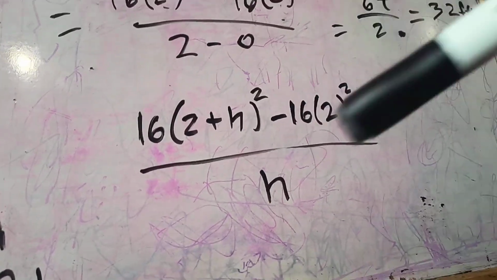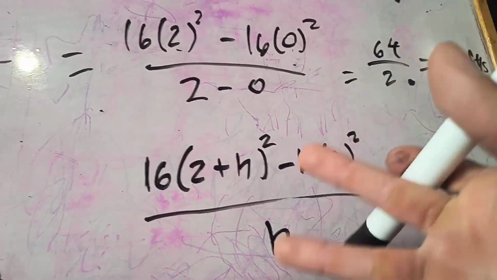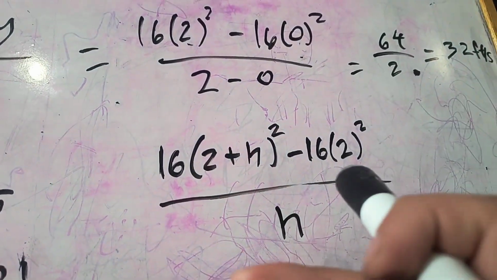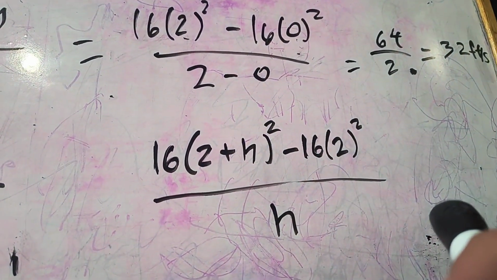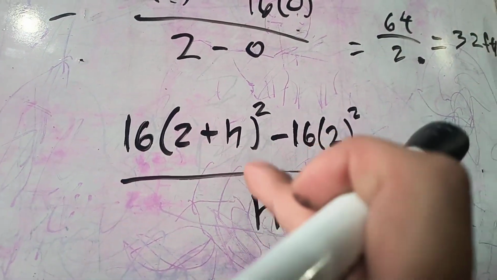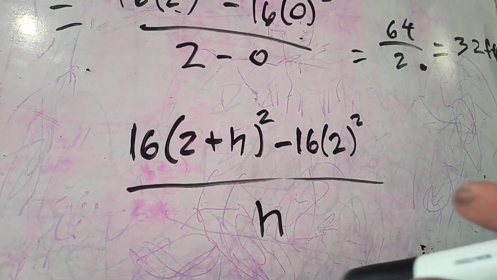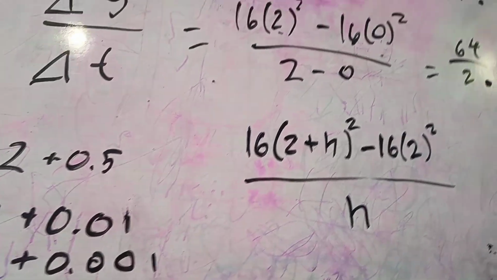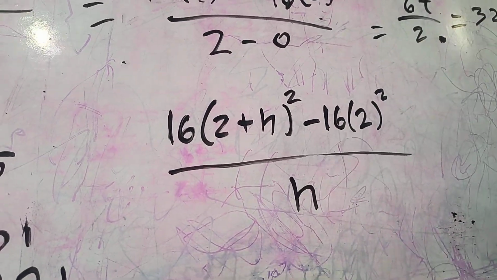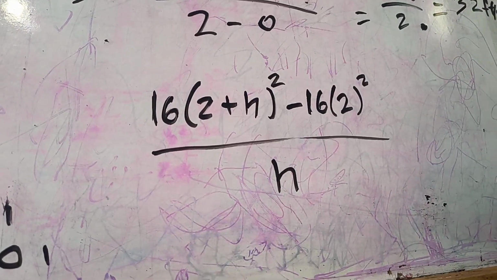Now, this doesn't give us the actual instantaneous speed, but it gets us a small approximation, because with a small increment we get an approximation. We can't get the actual one because you would have to make h 0, and dividing by 0 is undefined.